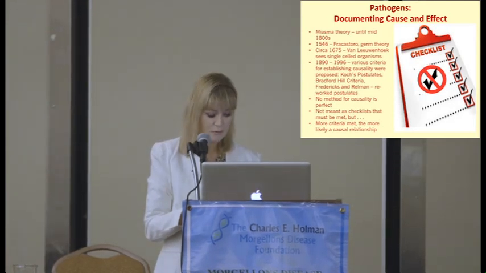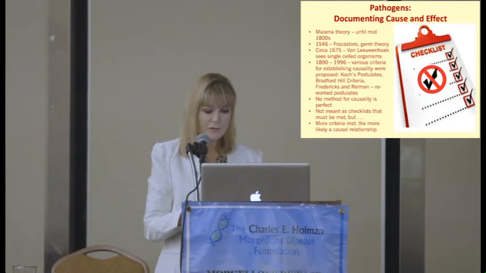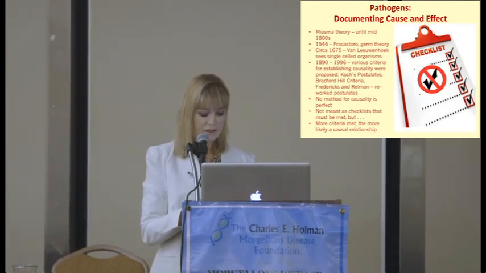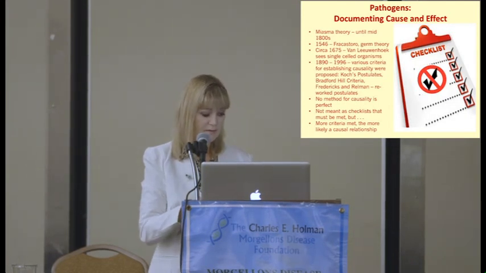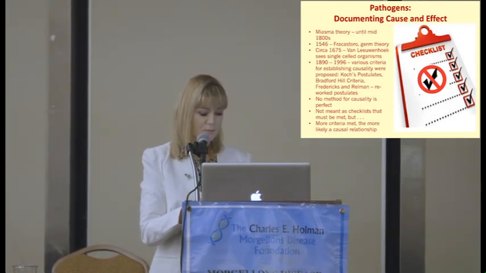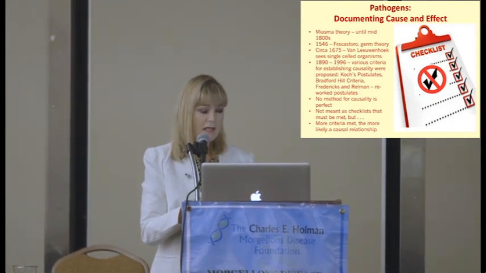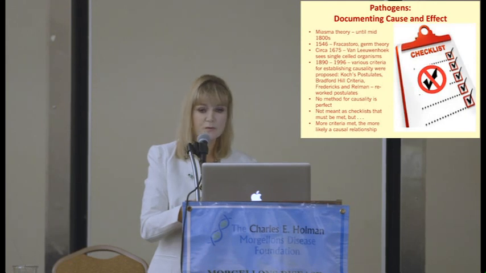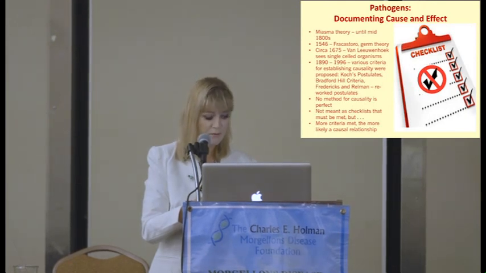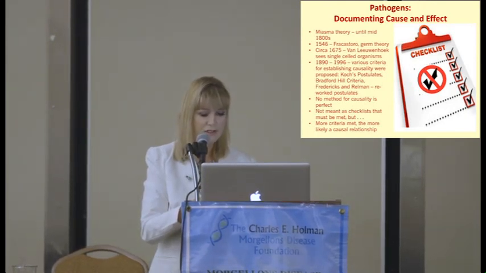Criteria for proving causal relationships between microorganisms and disease were first proposed around 1890, by Louis Pasteur and Robert Koch. Then afterwards, others like Bradford Hill and Fredricks and Relman also proposed more modern recommendations for proving causal relationship.